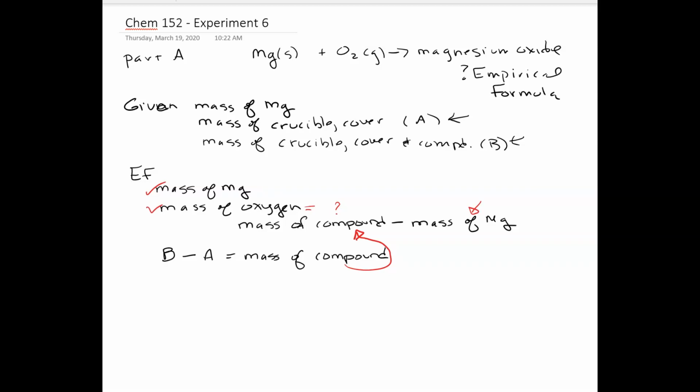So our first task was to get the mass of each element in our compound. We've done that. Now we need to convert those masses to moles.